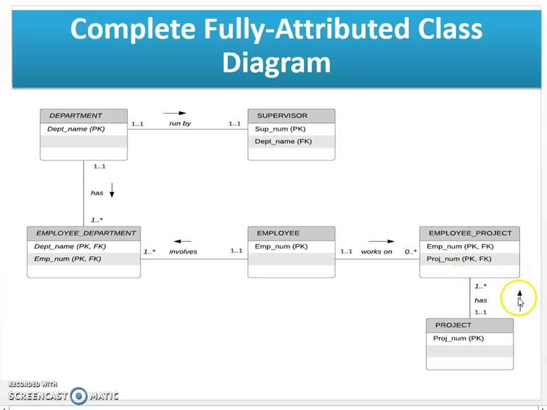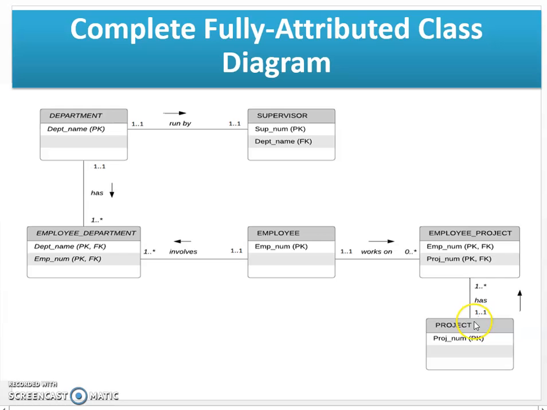And then the arrows will always point towards the many relationship, meaning there has to be a foreign key, which is a primary key from the foreign table. That is why the employee number then becomes a primary key and a foreign key in that bridging class or composite class.